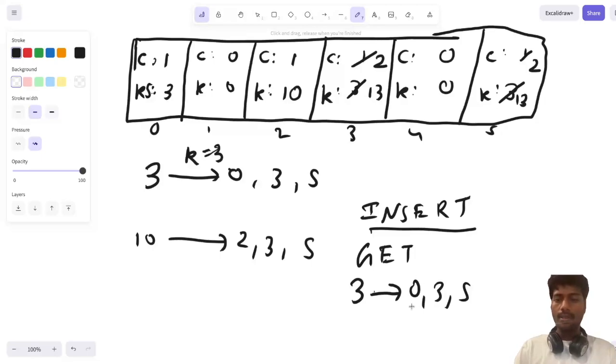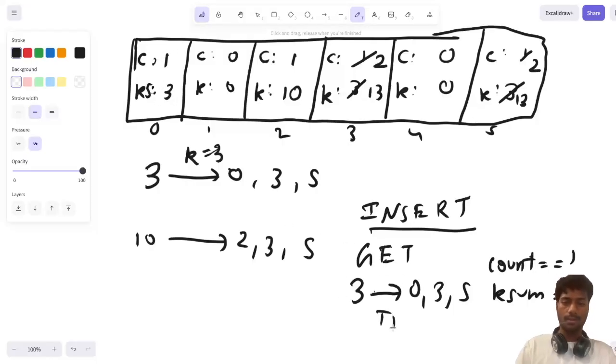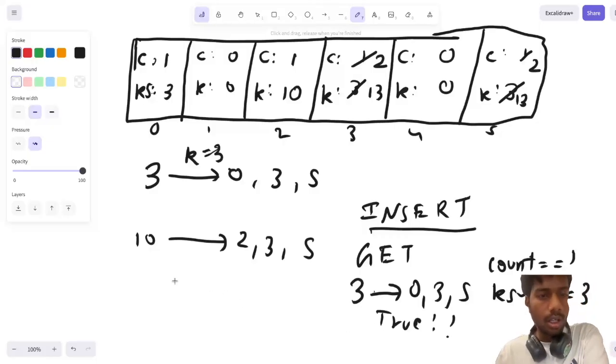Now what it will do is check each and every one of these indices and check if any one of these has count equal to 1 and the key sum equal to 3. So it will go to 0 and it will ask 1 and 3 and it will return as true. Yeah, it's there.